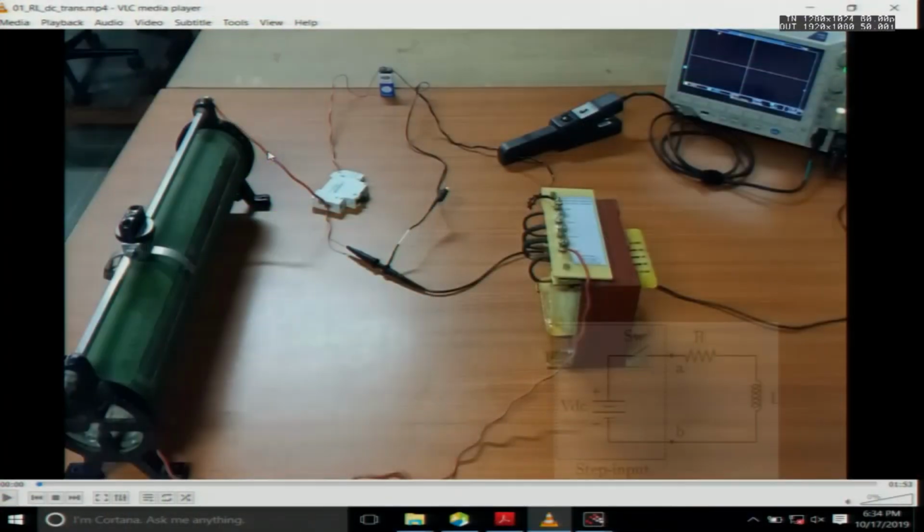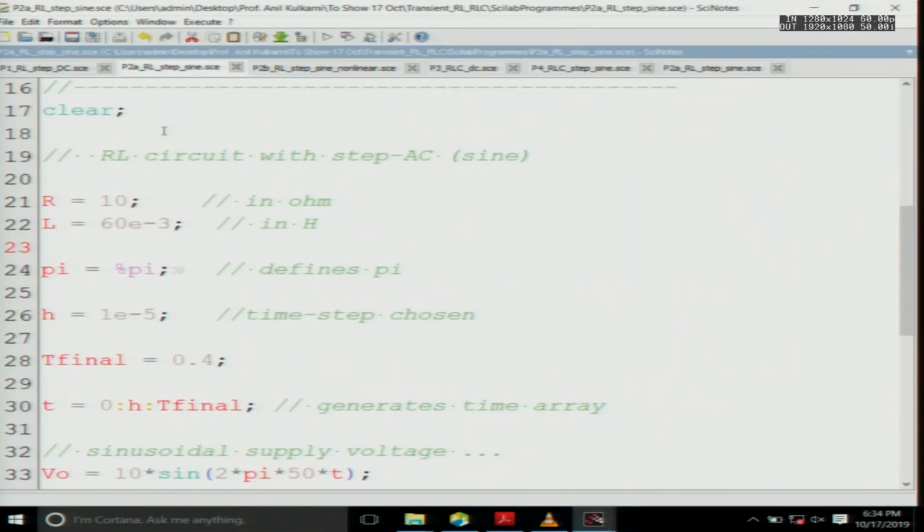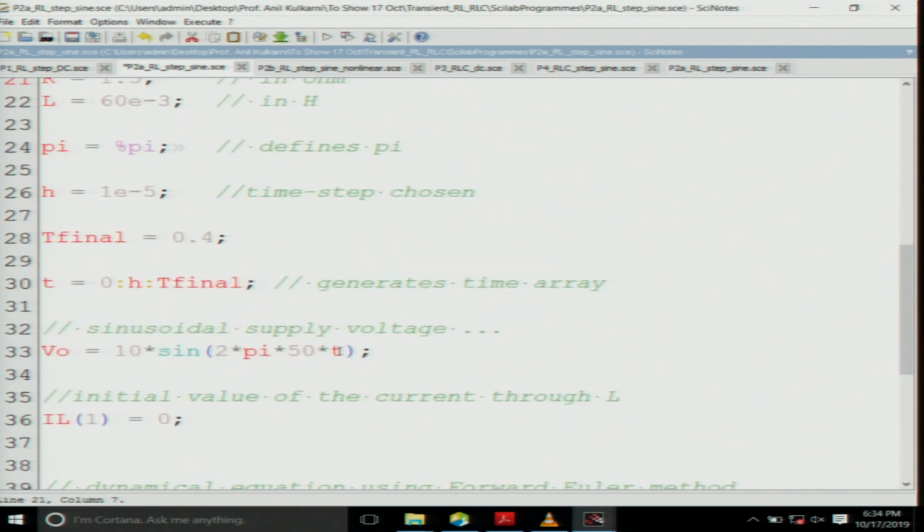First, not the actual experiment, we will do a numerical experiment before we do an actual experiment. Let us just get back to the Scilab program. So what we have here is 10 ohm, we will just make this back to 1.5 ohm. And what we will do is that instead of V sin omega t, we will do V sin omega t plus say 40 degrees or 30 degrees.